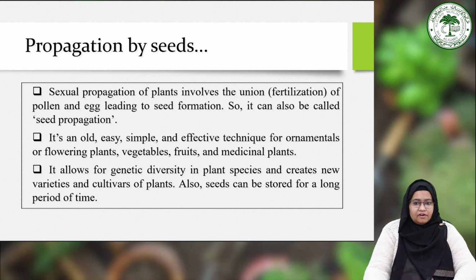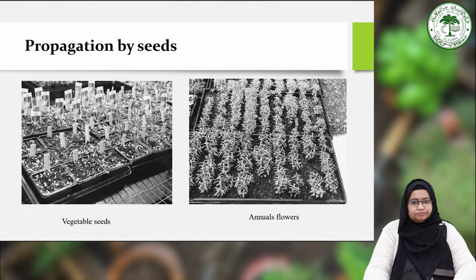It allows for genetic diversity in plant species and creates new varieties and cultivars of plants. Also, seeds can be stored for a long period of time. Here in this image, we can see vegetable seed-propagated plants and annual flowers which are propagated by seeds.